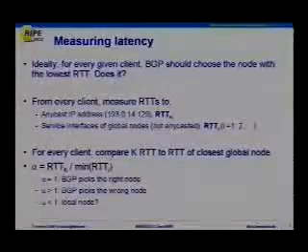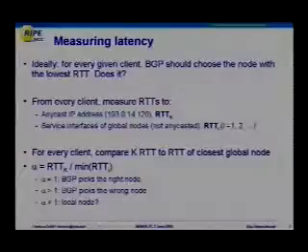It's choosing the node with the best performance. If the value alpha is greater than 1, then BGP is making the wrong choice. A client is seeing a node with worse performance than it would be able to see. If alpha is less than 1, then we're probably seeing a local node. In fact, in every case, we were seeing local nodes.